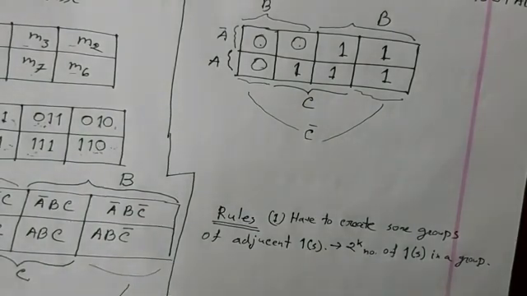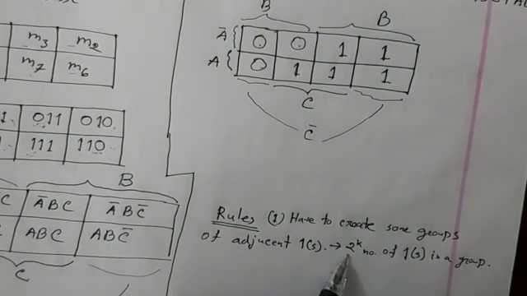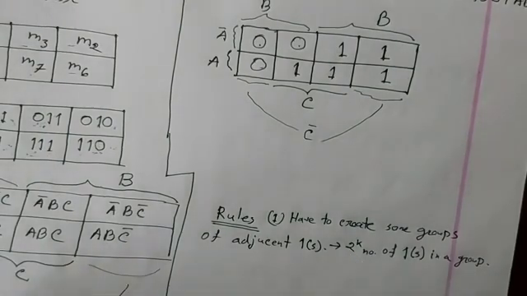Either there would be only one 1, that can be a group, or 2 ones, or 4 ones, or 8 ones. So 3 ones cannot make a group, or say 6 ones cannot make a group. There has to be 2 to the power k number of ones in a group.